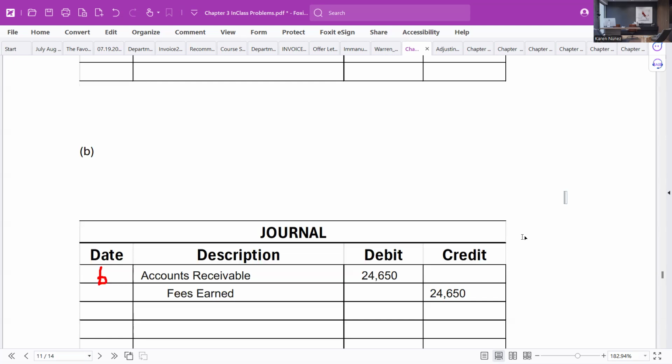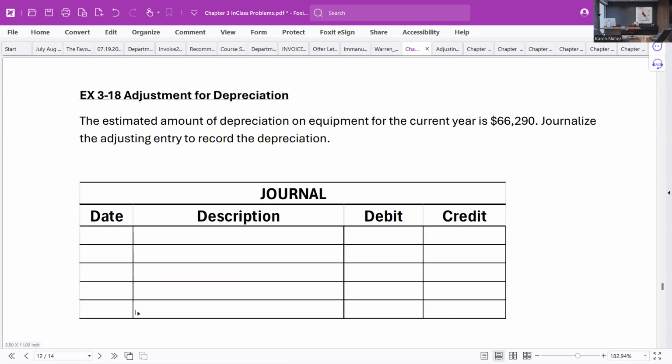Okay. And then the last one here for this session is depreciation. So in exercise 3-18, the estimated amount of depreciation, and again, depreciation is the easiest adjusting entry. So all we need to do is debit depreciation expense, in this case for the amount of the depreciation, 66,290.